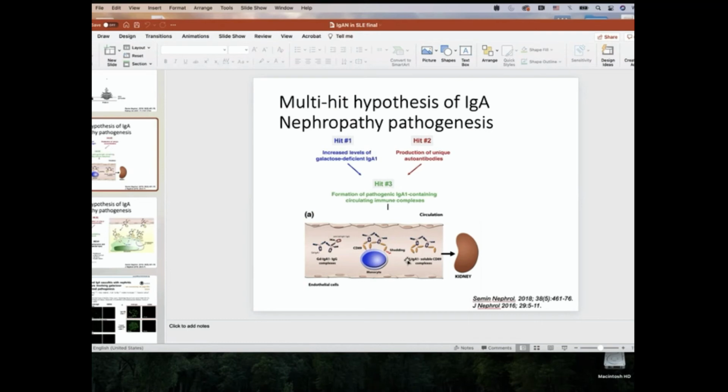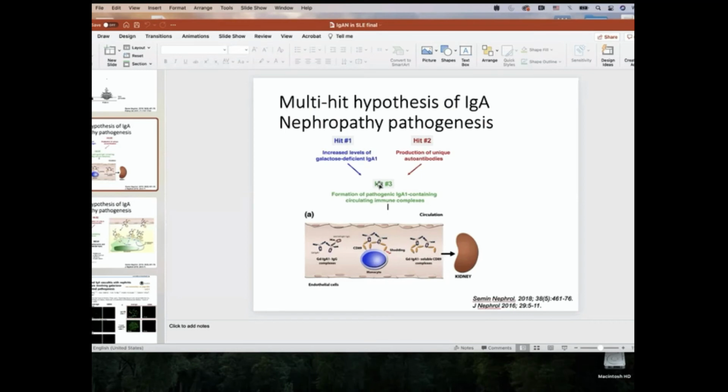For question number one, is CD71 specific to galactose deficient IgA1? Based on the literature, it is specific for galactose deficient IgA1. It's not for just the normal galactosylated IgA1. That's a brief answer to your question.